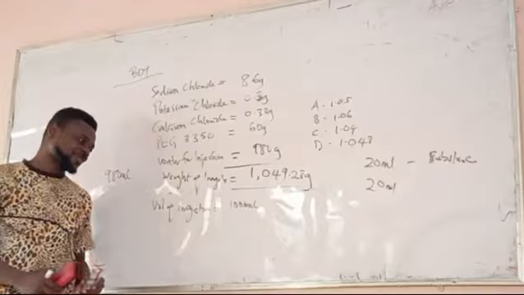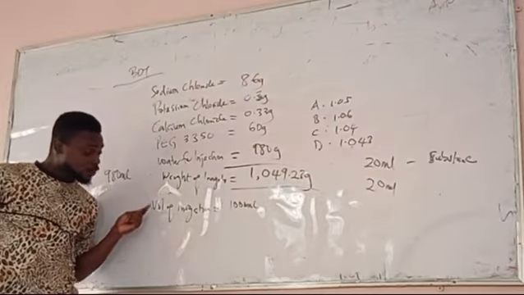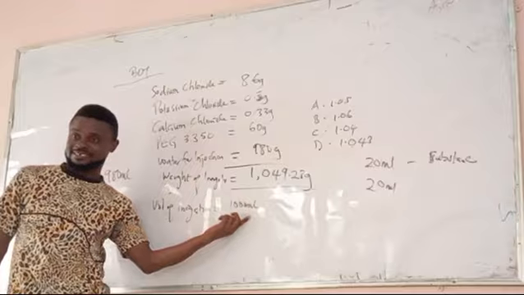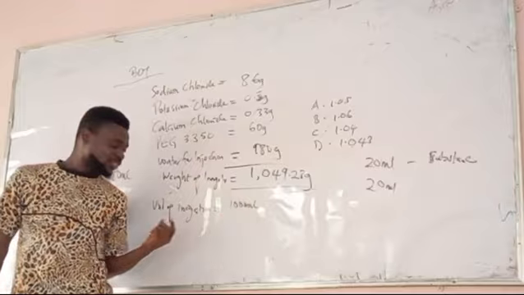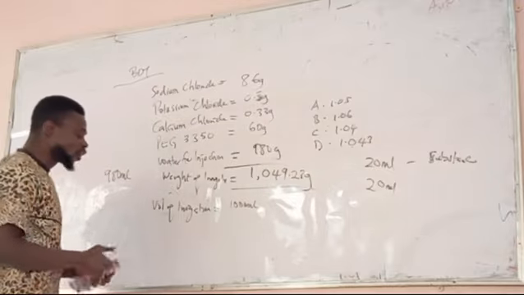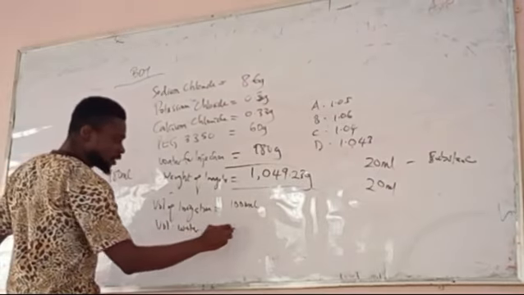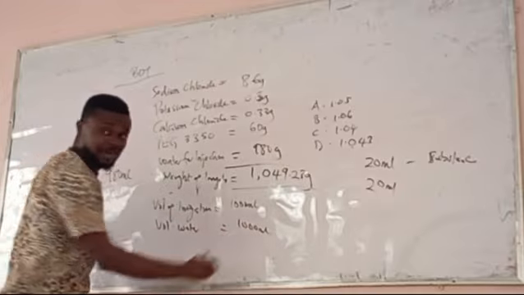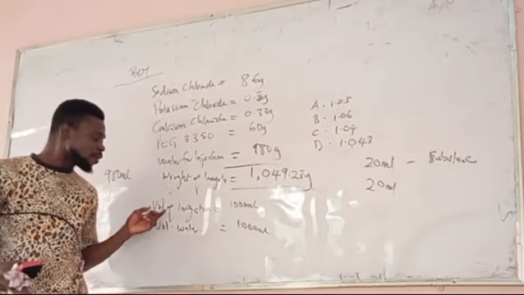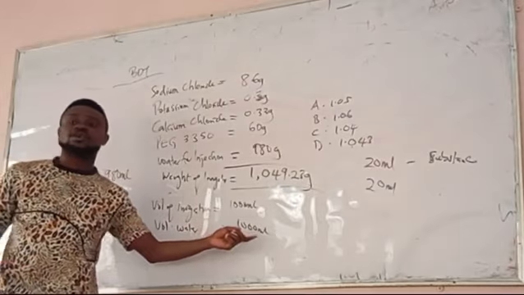Now, remember, we want to calculate the weight of water that has the same volume as 1,000 ml. If the volume of the irrigation is 1,000 ml, that means the volume of water is the same 1,000 ml.